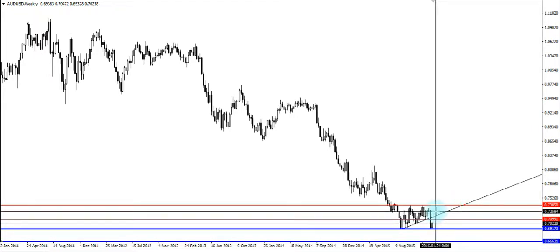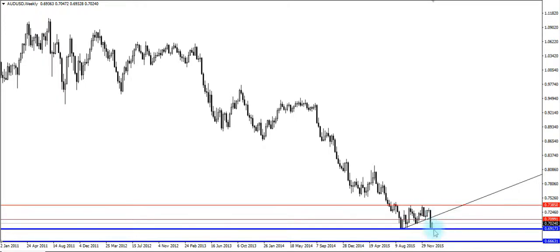The previous week candle has shown that the downward pressure is a lot stronger, and therefore we do expect that the price will continue to fall further and break below the previous low at 0.6917 and fall further to the next level at 0.6663.